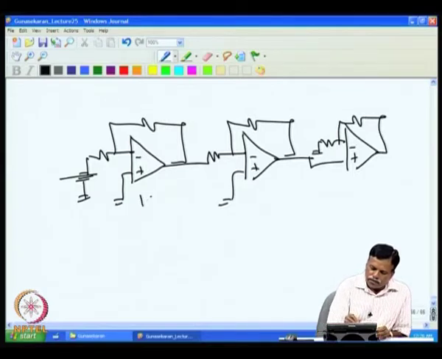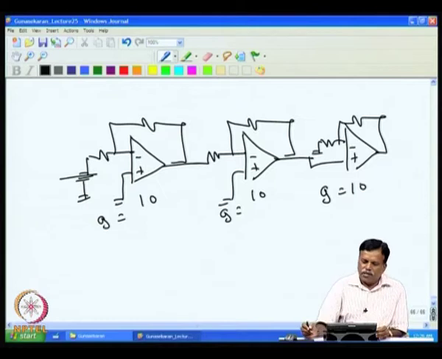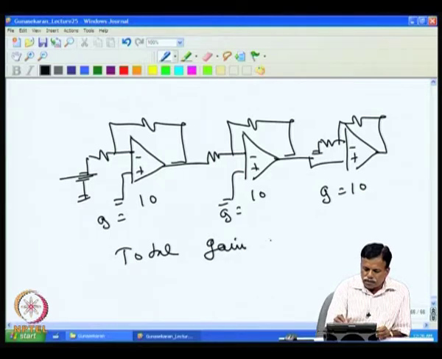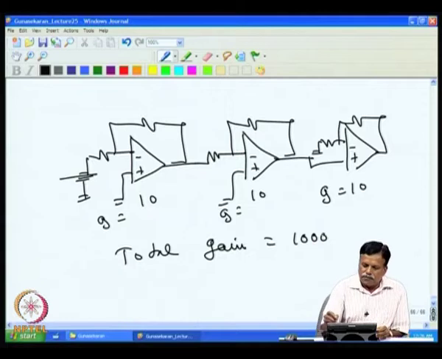So, we have 3 stages. Total gain is 1000.